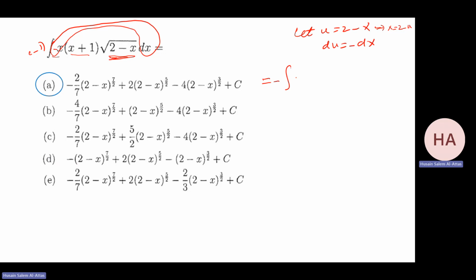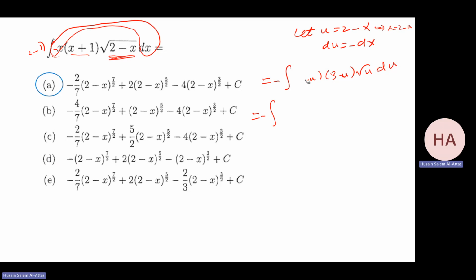So what will be x? x is 2 minus u. x plus 1, I add 1, that will be 3 minus u. And that is square root of u du. Since du is minus dx, and I have the minus outside, that will be what? 6.